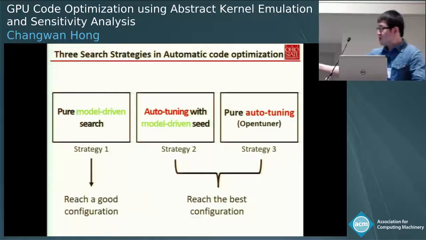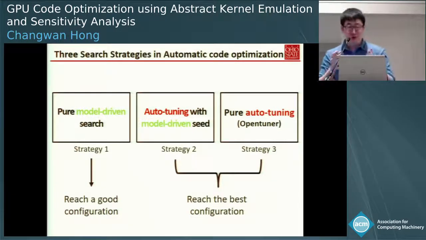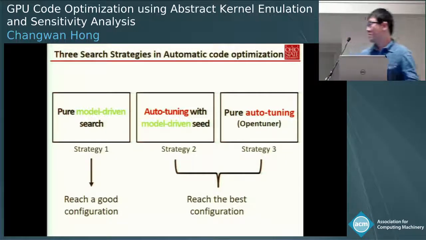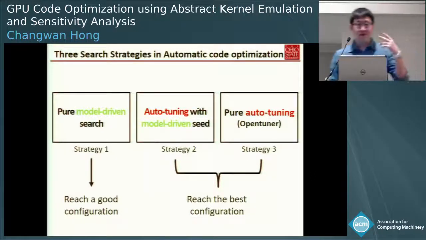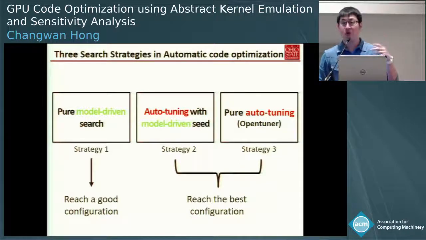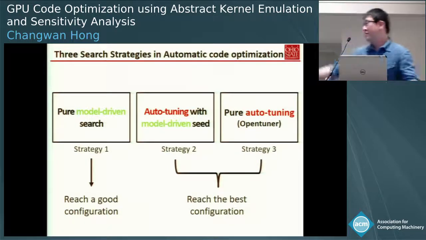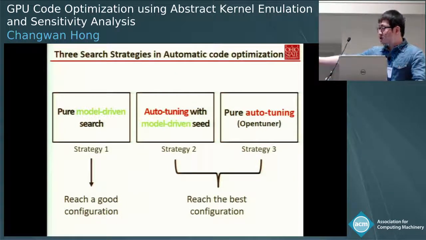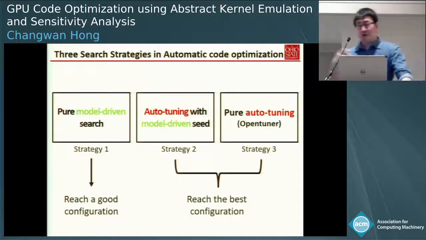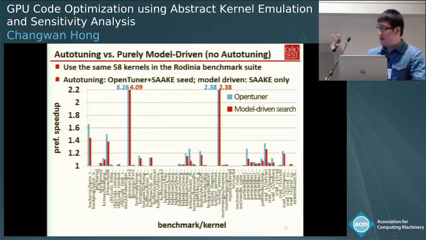And strategy 3 is pure auto-tuning, I mean standard auto-tuning without providing a seed from model-driven search. We evaluate performance speedup with respect to the base configuration with each strategy. But as you can see, strategy 2 and 3 produce the same result, so we only present two bars.